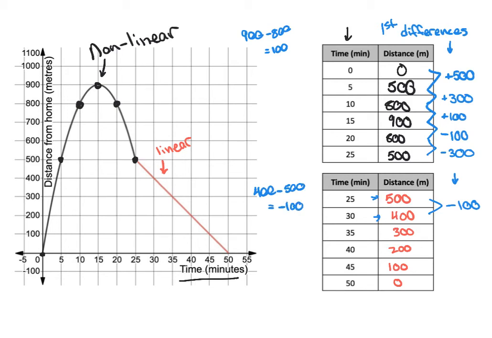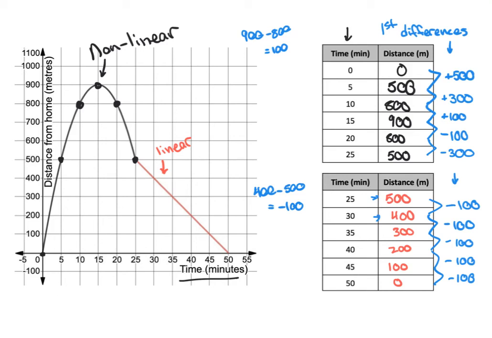If I do the same thing for the next two, 300 minus 400, that's also negative 100. Or if you're comfortable just looking at the numbers, you can see, for instance, in the next one from 300 to 200, that's also down 100. This one is also down 100. And then this one is also down 100.